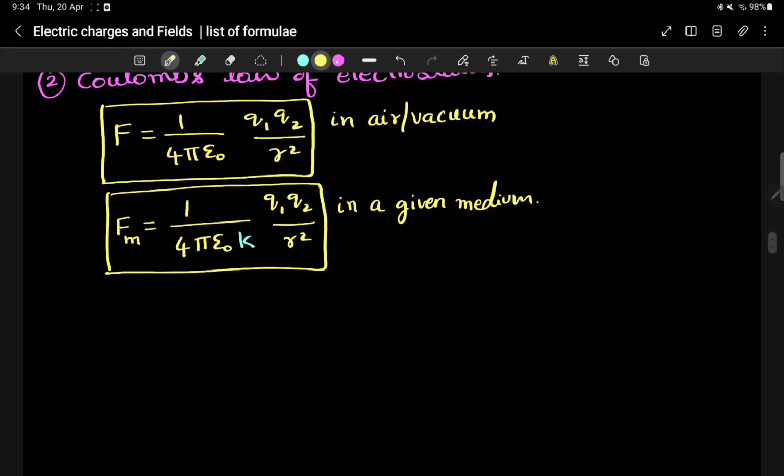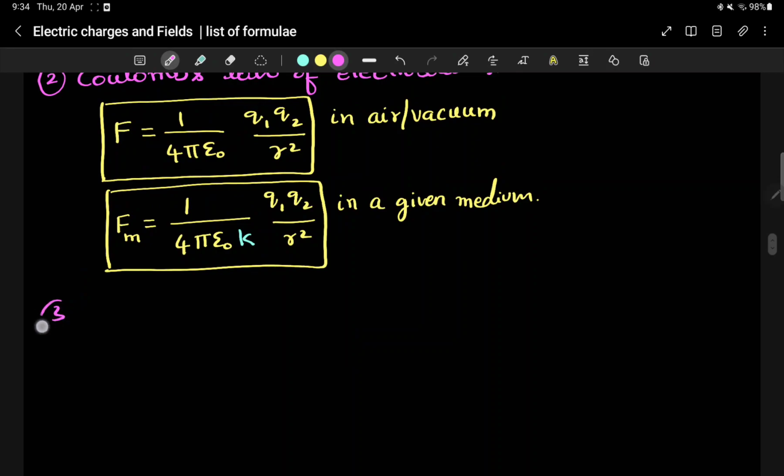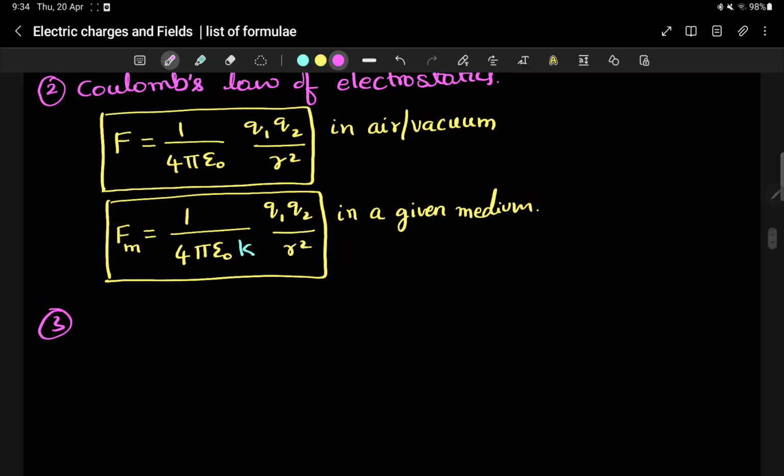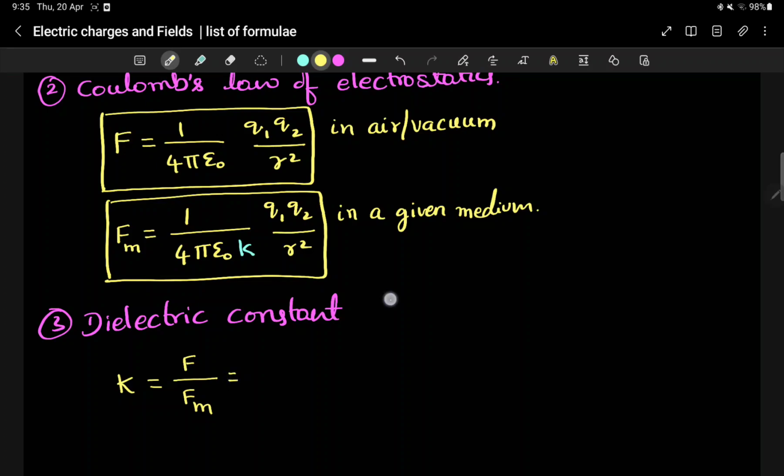Okay, next, that is dielectric constant. What is the expression for dielectric constant? It is K is equal to Coulomb's force in air divided by Coulomb's force in given medium, or you can also write epsilon naught into epsilon r is equal to epsilon.